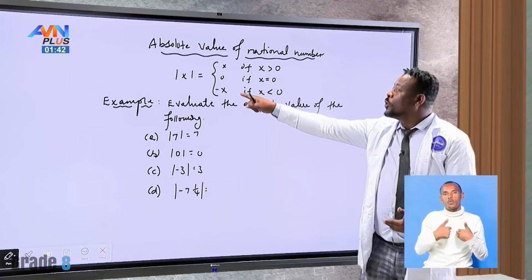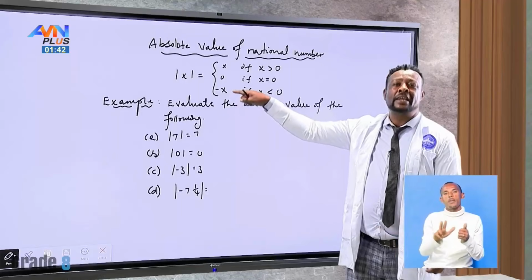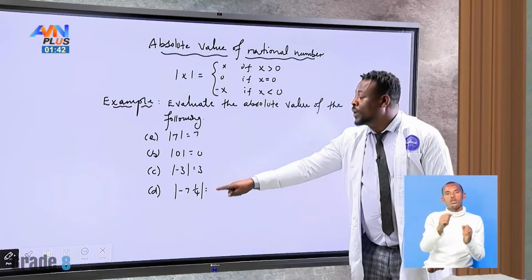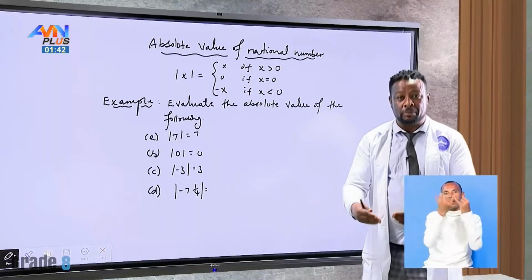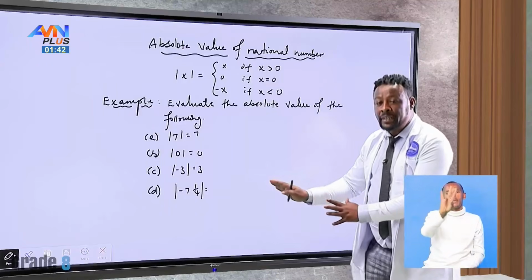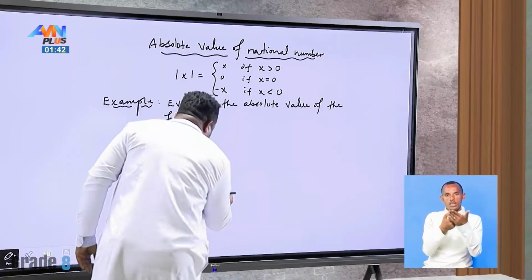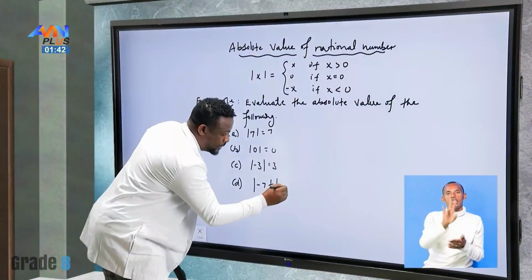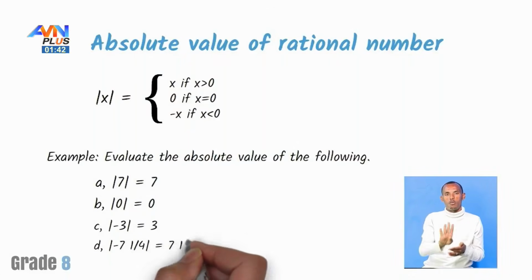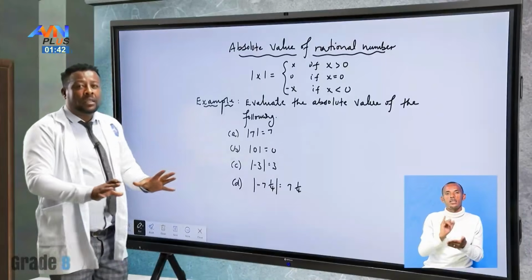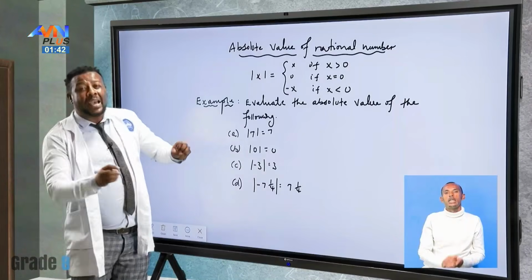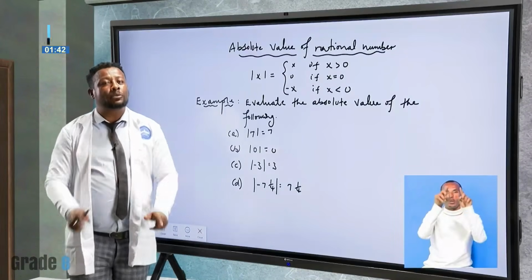You have to follow the third piece in the definition. So the absolute value of this mixed fraction becomes positive 7 and 1/4. So the answer for D part becomes 7 and 1/4. Okay, this is a simple question on the absolute value.